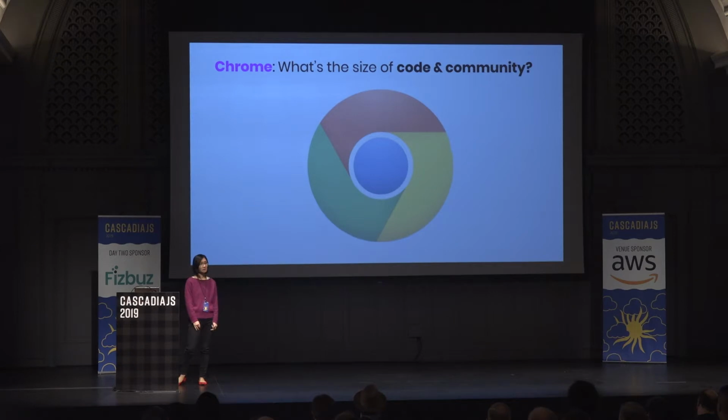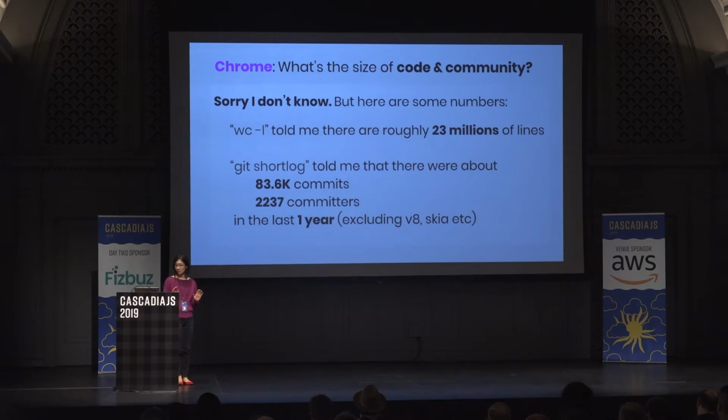Another question I often get is how big is it? I actually don't know, but here are some numbers. I did a wc, and it told me that it's roughly 23 million lines. And I also did a git log. It told me that in the last 1 year, at least 2,000 committers committed 83,000 commits.